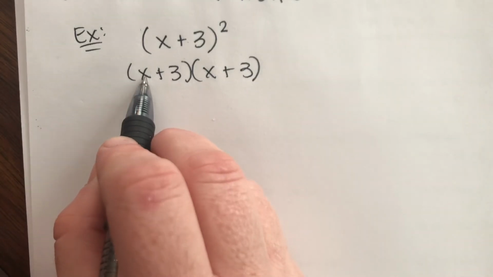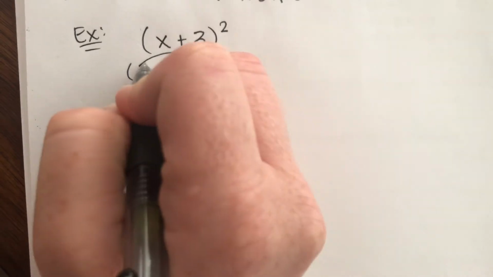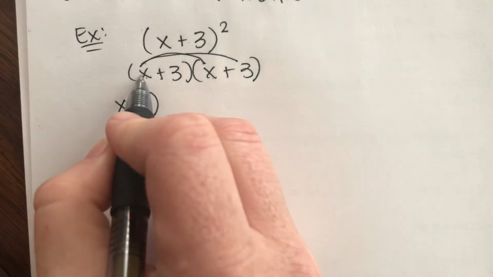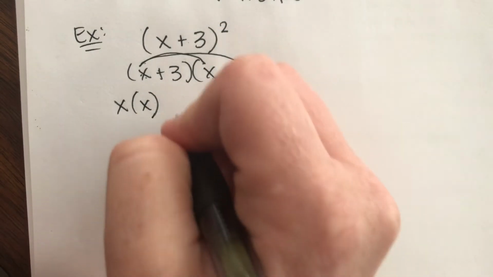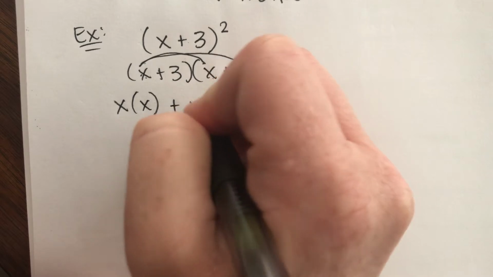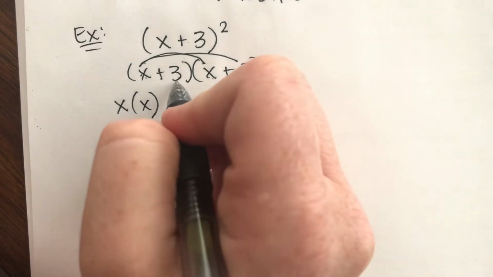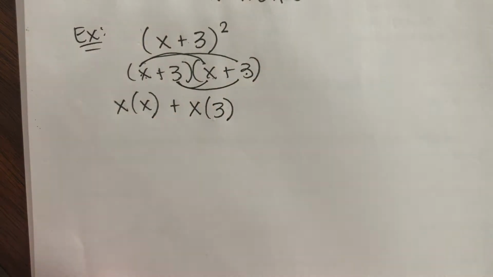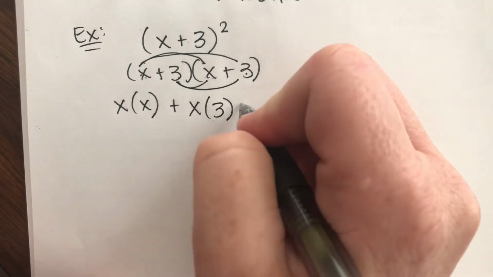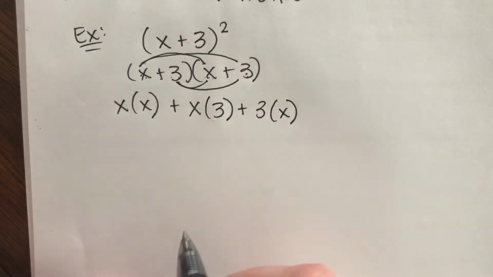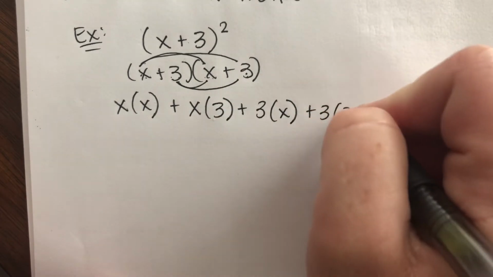So I'm going to multiply this first term here by both terms in the second parentheses. So x times x plus x times 3. And then I'm going to multiply the second term by each term in the second binomial. So 3 times x, that's positive 3 times x, and 3 times 3, that's positive 3 times 3.